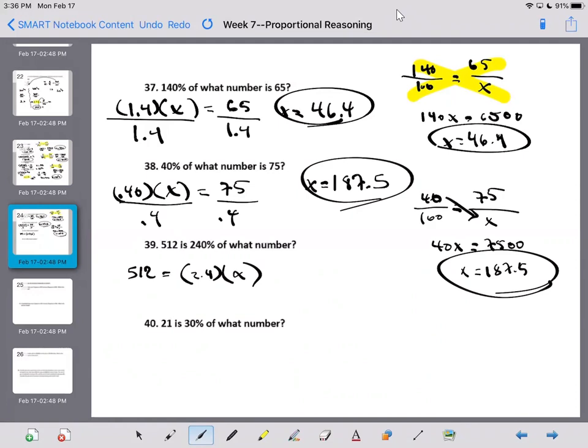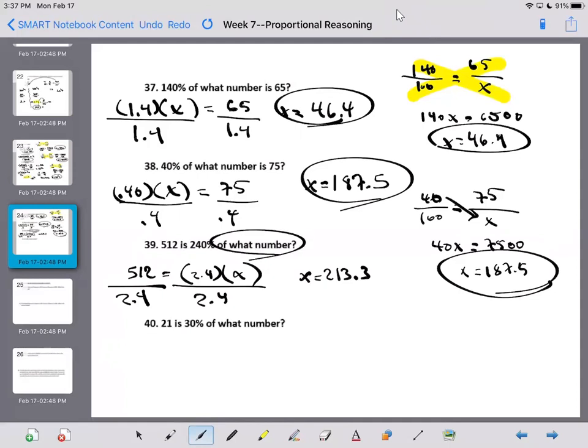I would use 512 to equal whatever the amount is multiplied by 2 4/10. So I would divide by 2 4/10. So 512 divided by 2 4/10, I'm going to get about 213 3/10 repeating as the total.